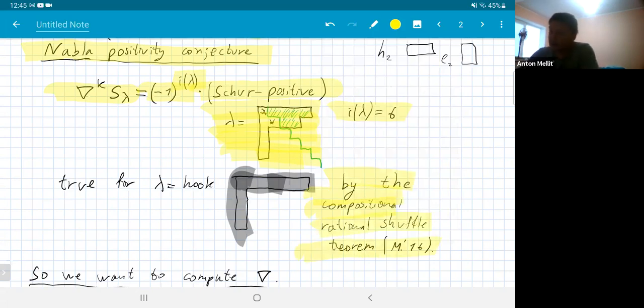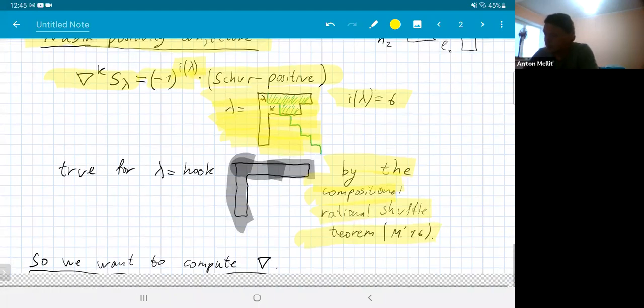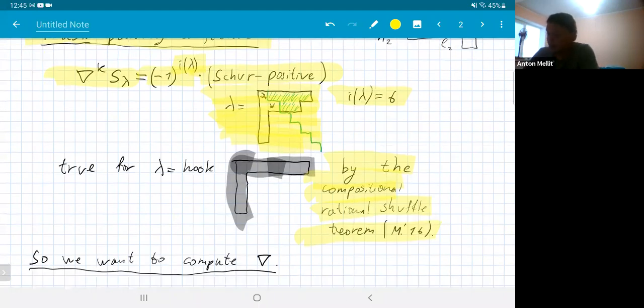And more generally, this compositional version gives you a formula for Nabla applied to so-called Hall-Littlewood functions, and then you can combine them to get hook Schur functions. And in particular, we deduce this positivity property.